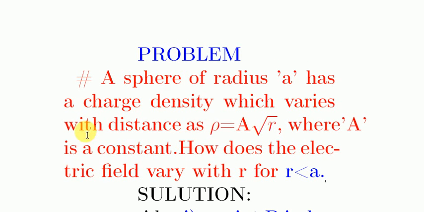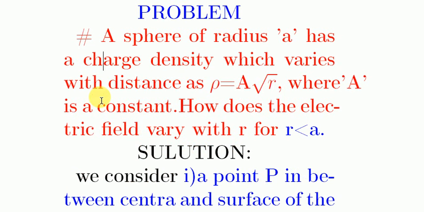Here the problem is: a sphere of radius a has a charge density which varies with distance as rho equal to capital A times root over r, where A is a constant. How does the electric field vary with r for r less than a?